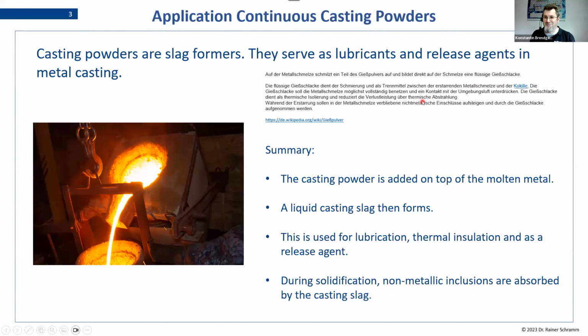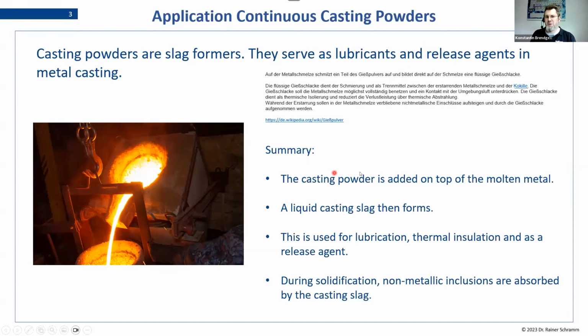Unfortunately, I did not find any English translation, so we made this little summary for you. Basically, casting powders are slag formers, and they are used as a lubricant and also a release agent when you want to do any sort of metal casting.